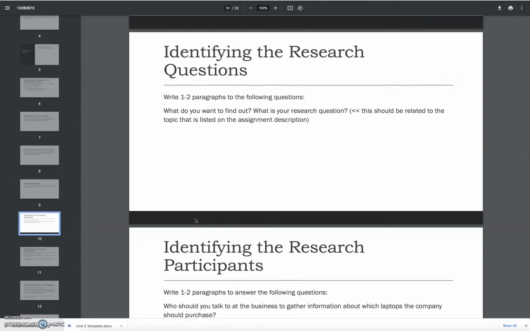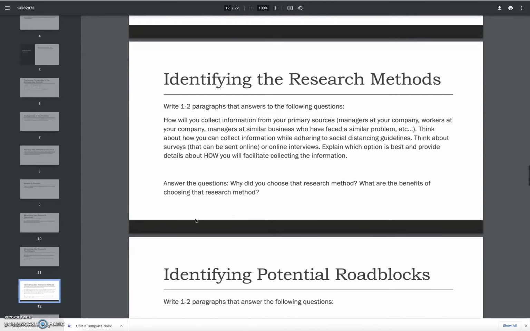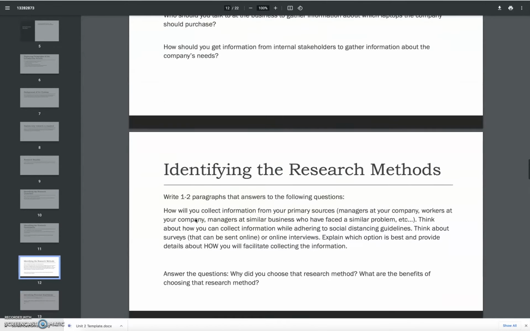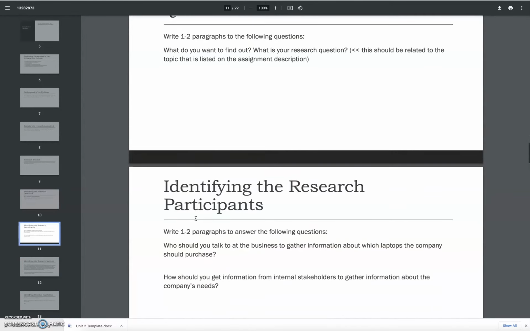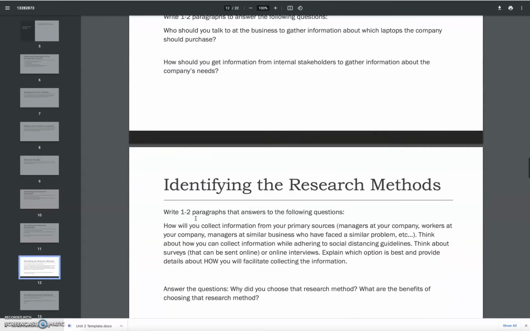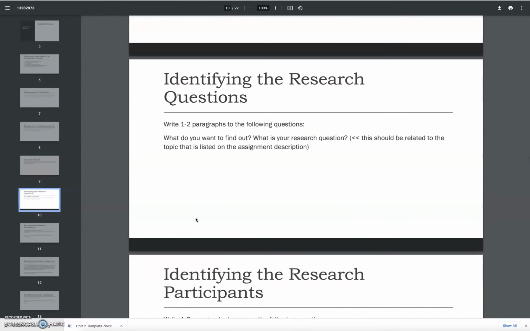Identifying the research questions, the participants, and the methods, and the roadblocks. Okay, so let's go through these 3. The research questions, the participants, and the methods are somewhat similar. For the research question, write 1 or 2 paragraphs to answer the following questions.